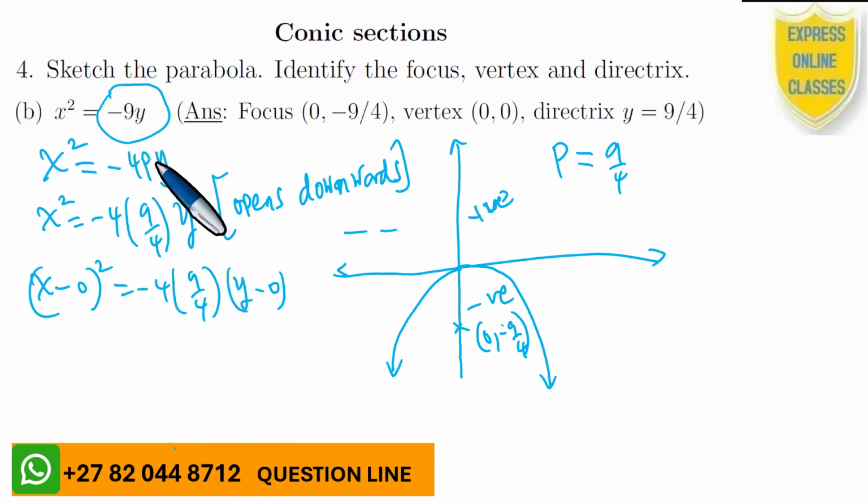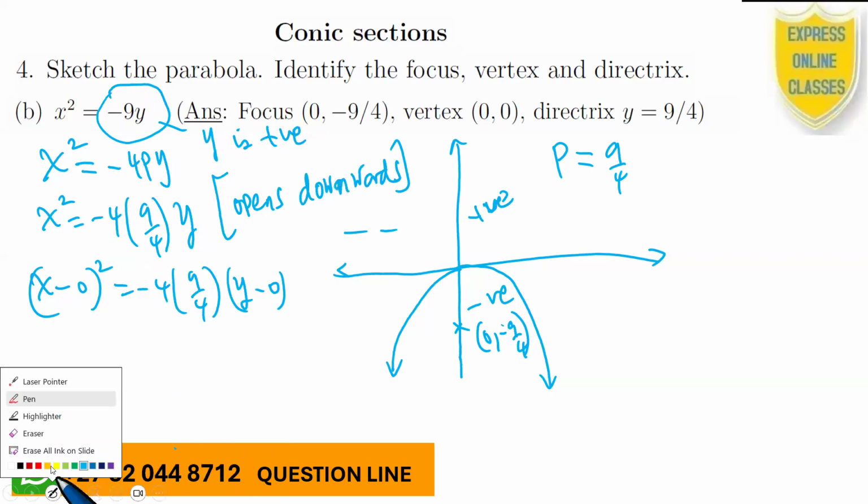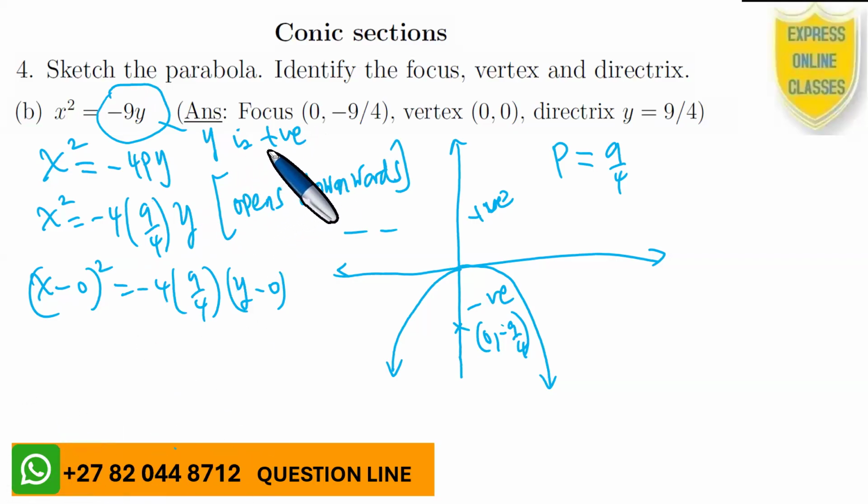Minus 9y means that y is negative. So if y is negative, it opens at the bottom. Right, so that we have exactly that, so that we have y and then x.